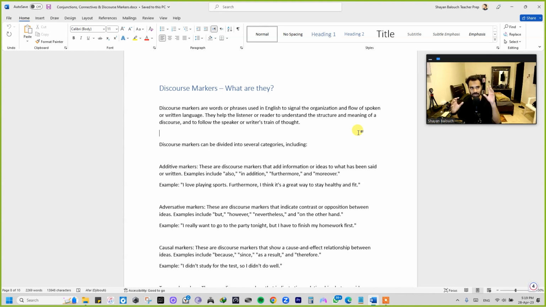A teacher can only consider your writing coherent when your sentences are connected together, and discourse markers can really help you in that, along with the conjunctions as well as the connectives. So that's what it means.